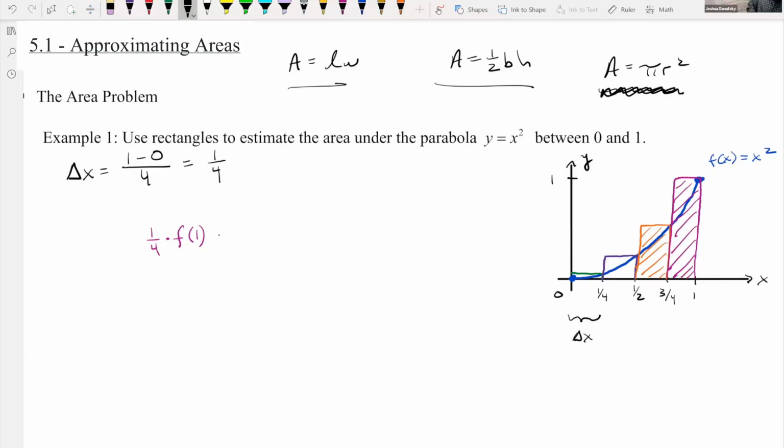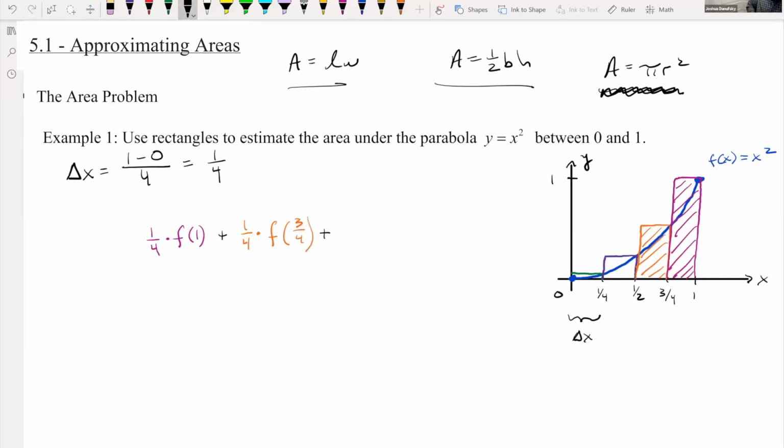So we're going to add onto this the base in orange, 1/4, times the height in orange. Well, that's going to be, again, highlighting in yellow, that height there, which is simply the value of the function at 3/4. So I'm going to multiply this by f of 3/4.